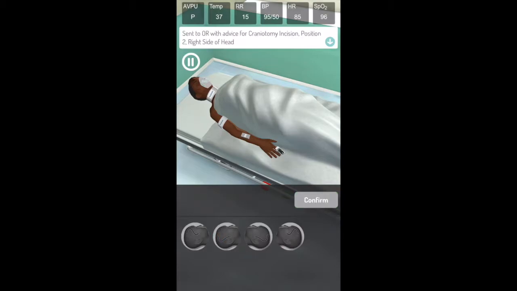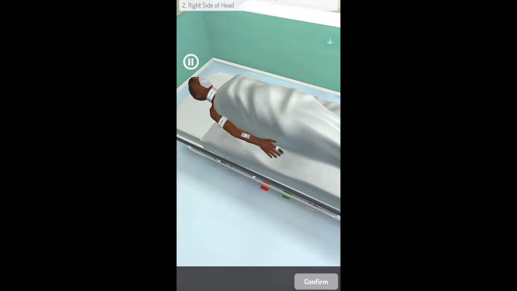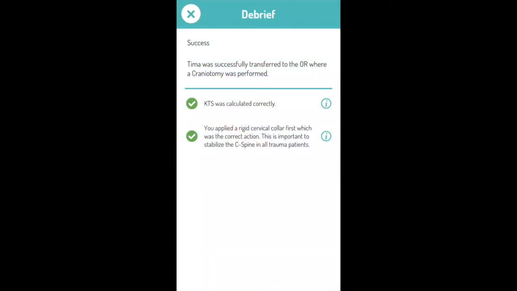At the end of the case, the learner will get a debrief. The debrief here needs some work. It's a little bit boring, but it does summarize that Tima was successfully transferred to the operating room where a craniotomy was performed. So in addition to this, I would think in the future the debrief might mention what they didn't get done, and the order of how the debrief is presented would be improved as well.